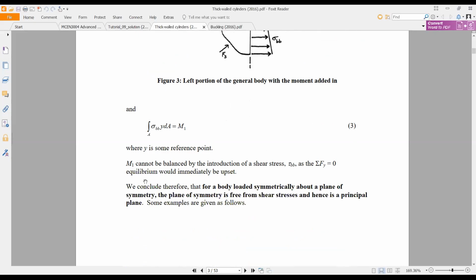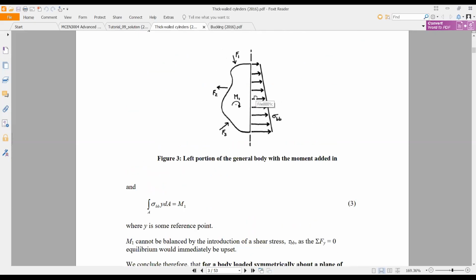Definitely there will be a bending moment, because we don't know where the center point is. If you apply the sigma force value somewhere here, and you deviate from the centroid point, then there will be some bending moment.